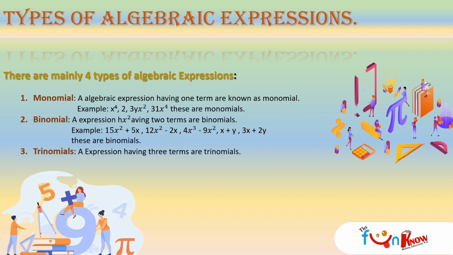We'll go for the third one, which is known as trinomial expression, an expression which has three terms together. Example, see, this is an expression, 5x square plus 4x3 plus 5. 1, 2 and 3. Three terms together, so it is known as trinomial.